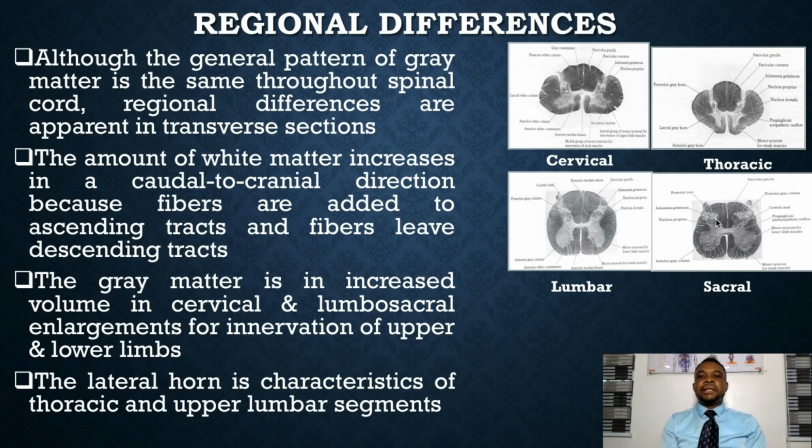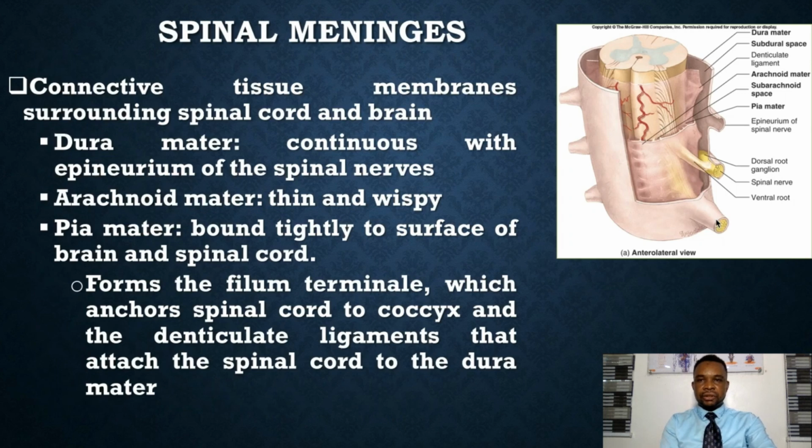Although generally the pattern of the gray matter is the same all through the spinal cord, there are some differences in the cross section at different levels. Understanding the anatomy of the spinal cord at the various levels is key to knowing the activity that is affected if there is a lesion of the lower motor neuron, because it will determine the behavior of the individual affected at that region of the spinal cord.